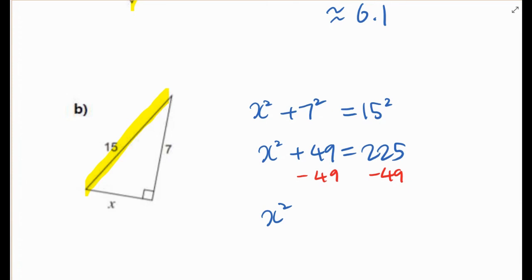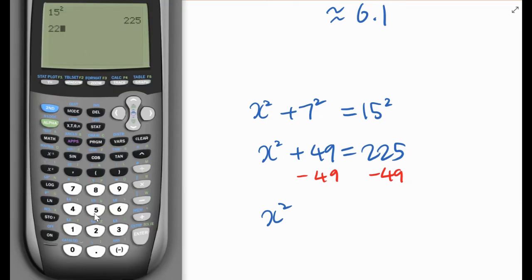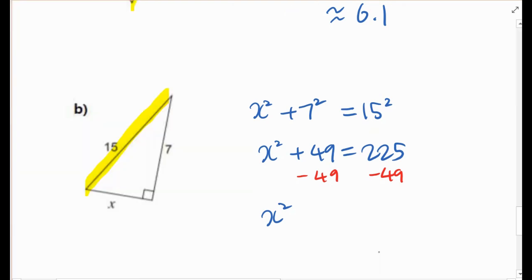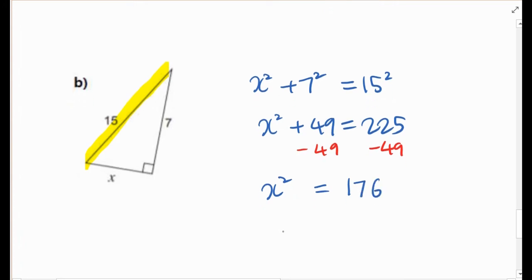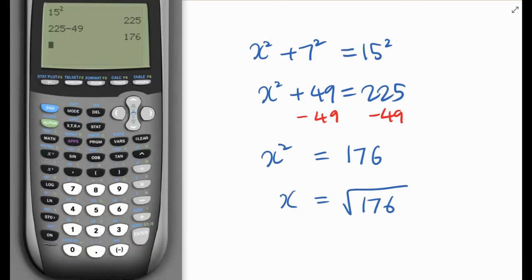Then 225 minus 49 becomes 176. So 176. Then x is square root of 176. So that is 13.26. So let's keep one decimal. 13.3.